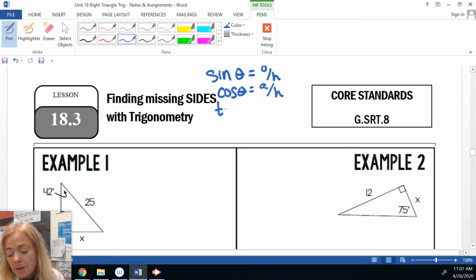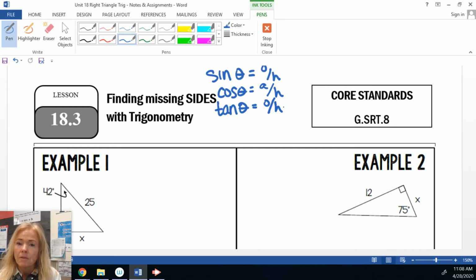And then tangent theta is the opposite and the adjacent. Now remember, we have 3 unknowns. We have an angle that's an unknown, and then we have 2 sides. Depending on which of the sides we are looking for or know, and the angle involved, that tells us which of our 3 trig functions we will use in order to come up with the missing side or angle.